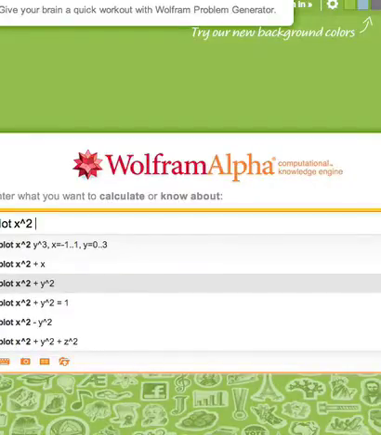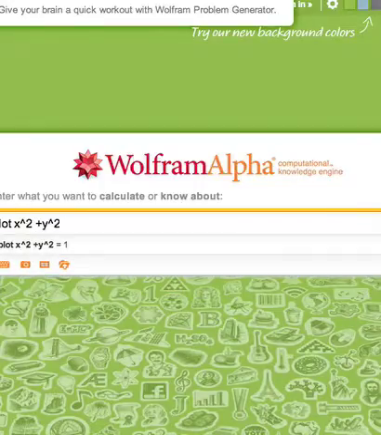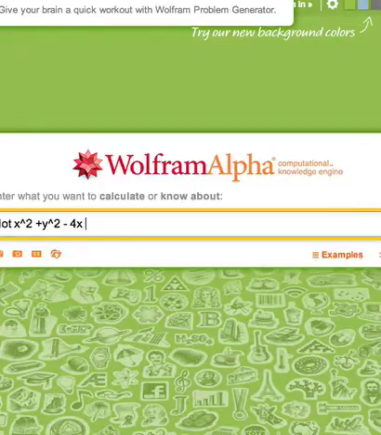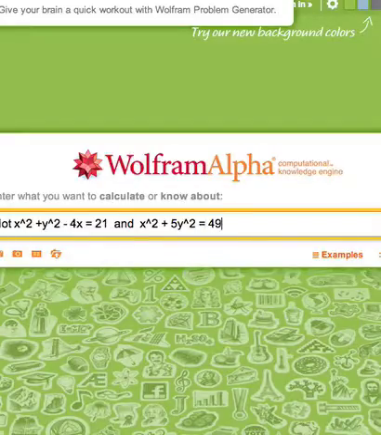Let's see, I'm going to plot x squared plus y squared minus 4x equals 21. And I'm going to plot x squared plus 5y squared, and this is going to equal 49. So there we go. Let's plot those and let's see what happens.